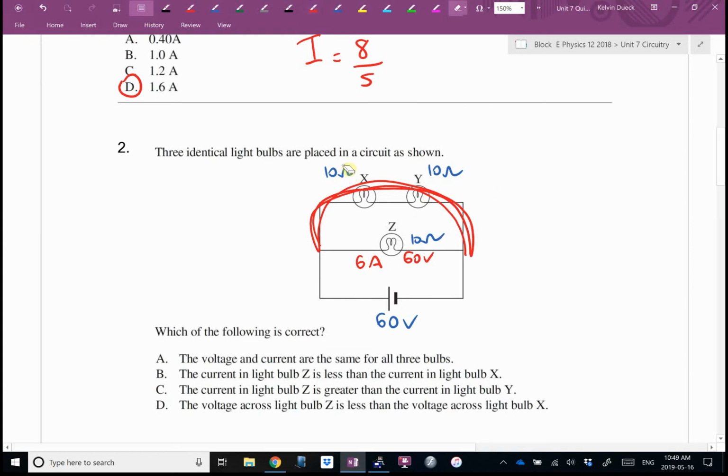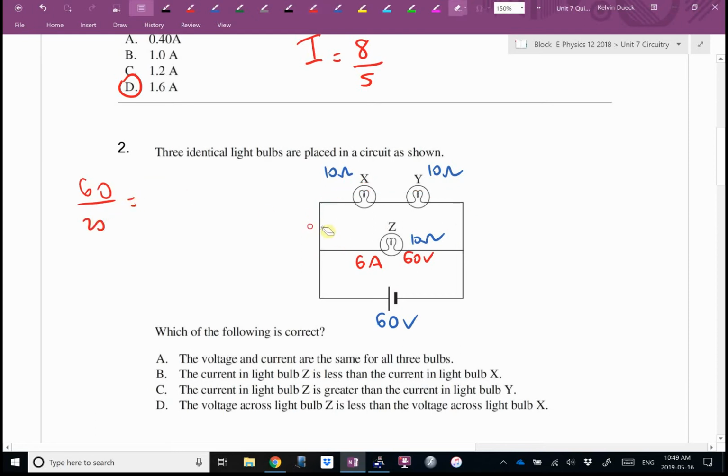How many ohms is this whole path? So this whole path, 60 volts. This whole path, 20 ohms. How many amps? Gotta be 3.